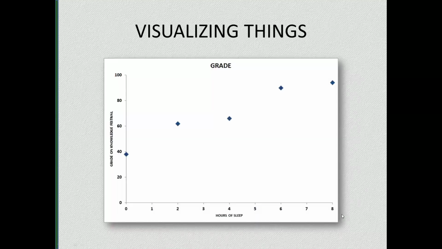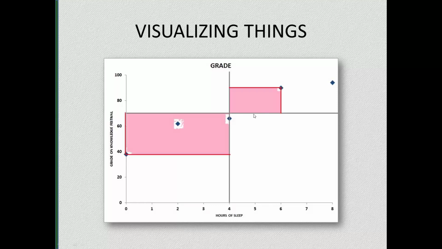In picture terms, if these are our data, we're looking at how far the data are on average from the middle. The middle being 4 hours of sleep, grade of 70, this point right here being the middle of the data.